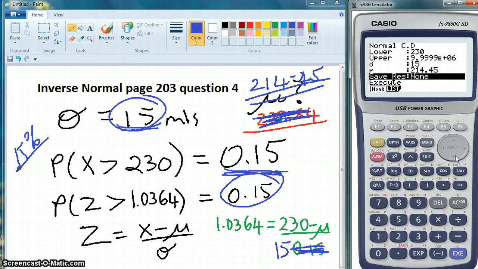So what are we expecting to come out? Our 15%. So I've tested the answer.